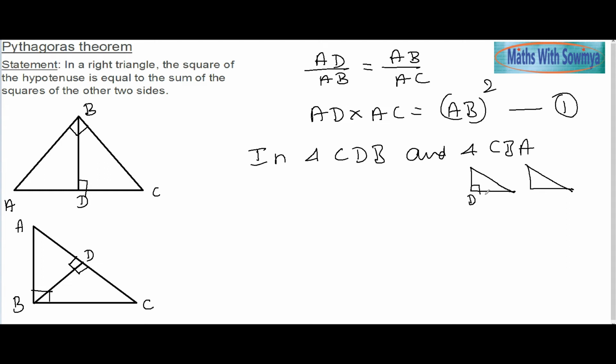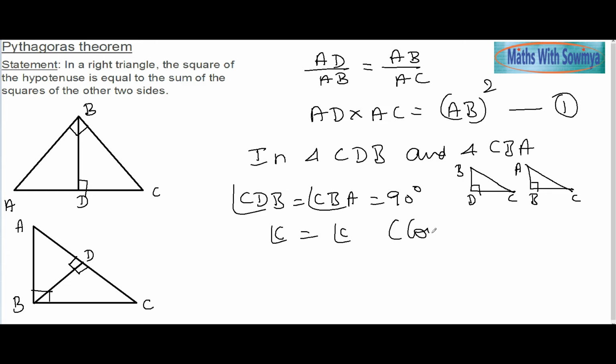Here D is 90 degree, B is 90 degree, C is common in both the cases. Now just fill up the rest. We can say in these two triangles, angle CDB is equal to angle CBA, which is equal to 90 degree. Angle C is equal to angle C, common.